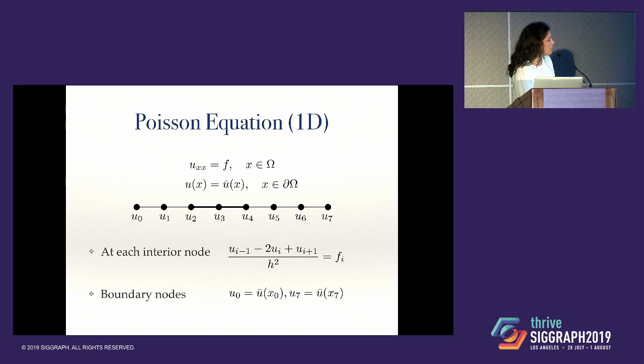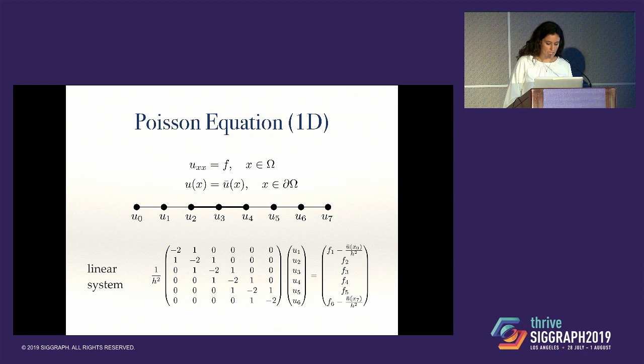So this gives me an equation for u1 through u6. When I'm discretizing u1, I'm going to need its left neighbor, u0, and there I can use the boundary data. And when I'm discretizing u6, I'm going to need its right neighbor's value, and there I'll use that boundary data. And so I get 6 different equations, and I have 6 unknowns, u1 through u6.